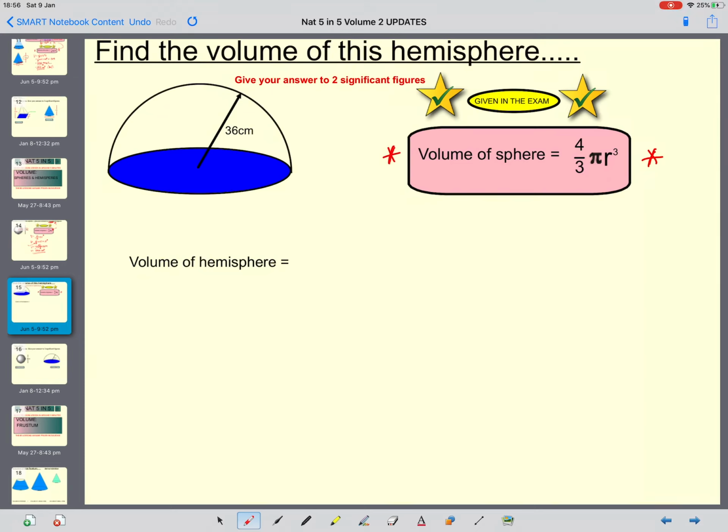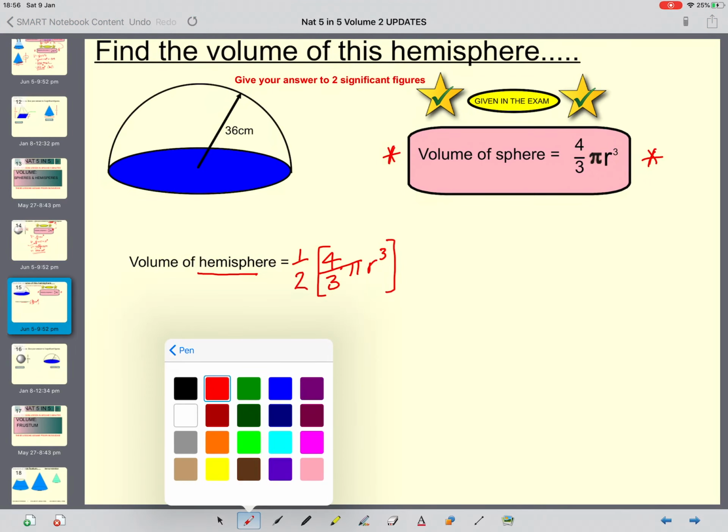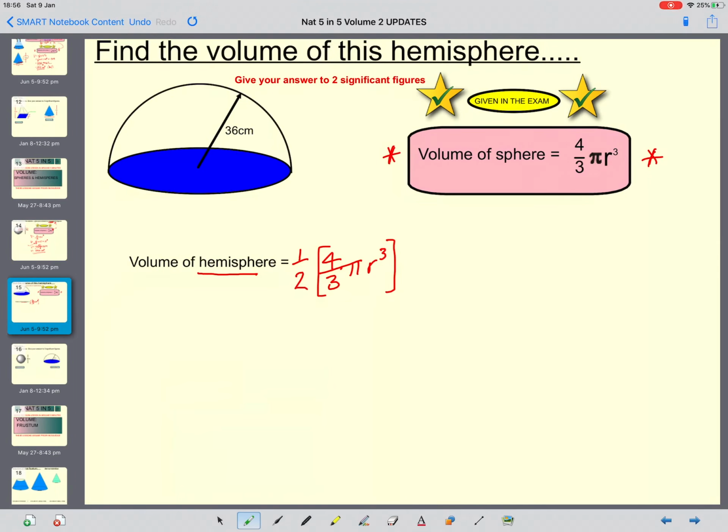So you can use that formula and then at the very end half it, but there is always a possible problem of you forgetting to do that. So the volume of the hemisphere here, you're going to use 4/3 pi r cubed. And then what you're going to do is you're going to half that. Now you should know from your fractions work, if I have a half multiplied by 4/3, which is happening here, you can just multiply the top by the top and the bottom by the bottom.